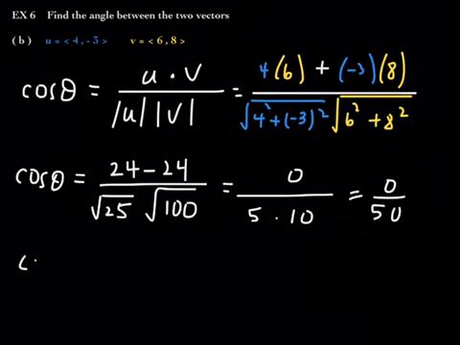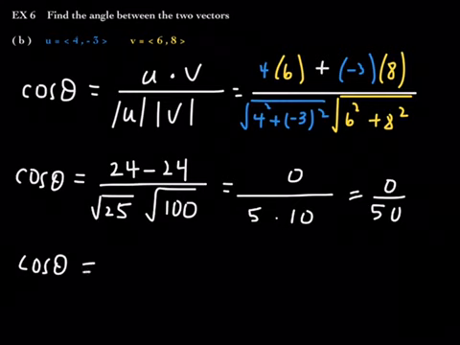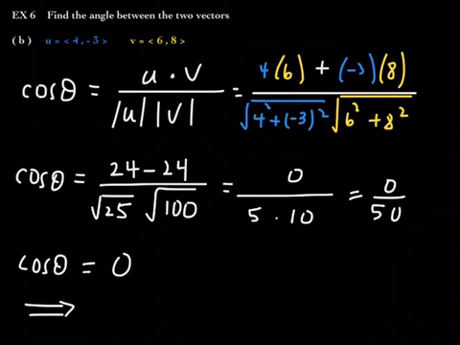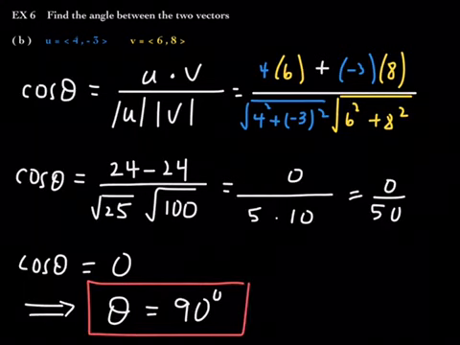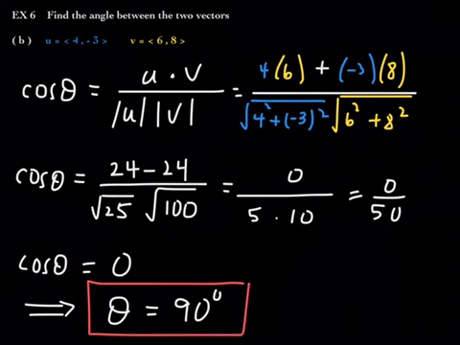That is to say cosine of theta is equal to 0, and that only happens when theta is 90 degrees. Okay? I don't even need my calculator for this problem here. Now, what's really important that you and I acknowledge is that u and v are said to be orthogonal.